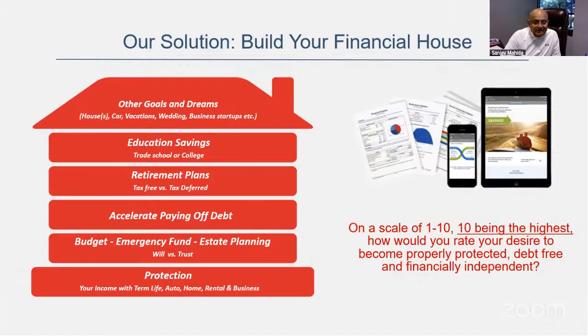We call that accelerating. Then we've got retirement planning, which is tax-free versus tax-deferred. Education saving, which is trade school or college, right? And then goals and dreams, like buying a house, buying a car, vacation, wedding, business startup. Why not plan for all those things?